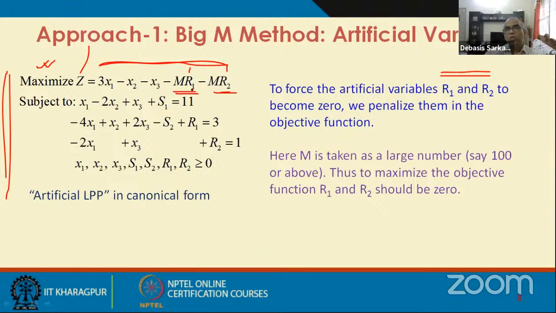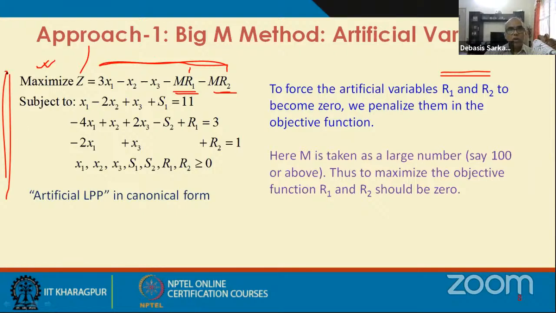Because any non-zero value of R1 and R2 will only subtract a substantial amount from Z, because M is a large and positive number. So your optimizer will force R1 and R2 to 0.